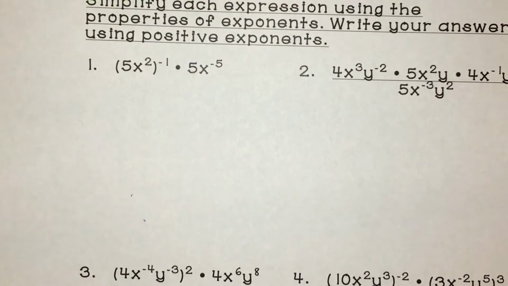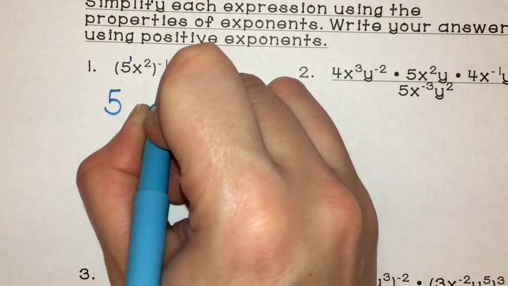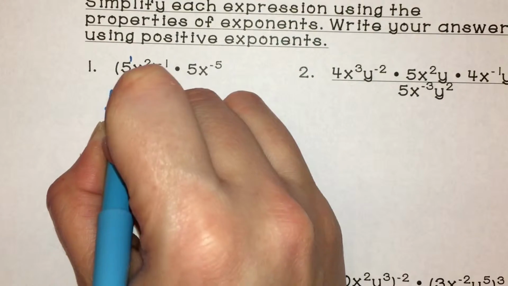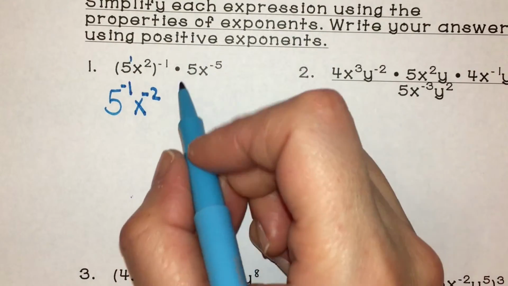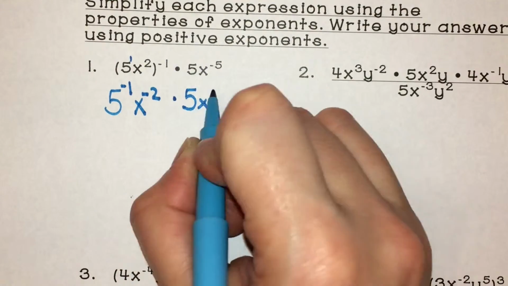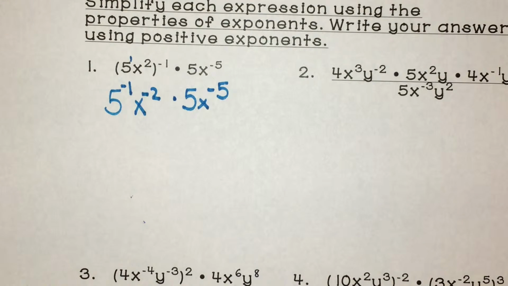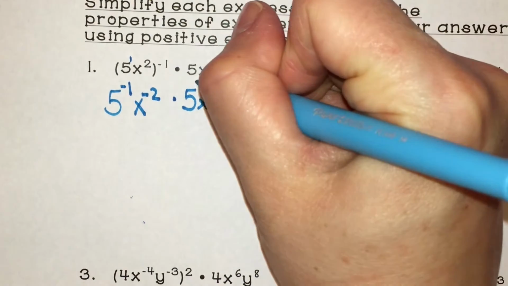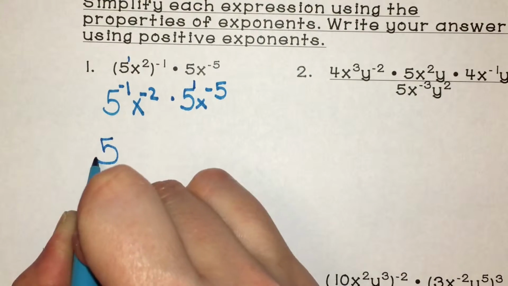All right, so the first one is that 5 to the 1st. So we're multiplying all the exponents by negative 1. 5 to the negative 1st, x to the negative 2nd, 2 times negative 1 is negative 2, multiplied by 5x to the negative 5th. All right, so this 5 is raised to the positive 1st. So because we're multiplying bases, we're going to add the exponents.